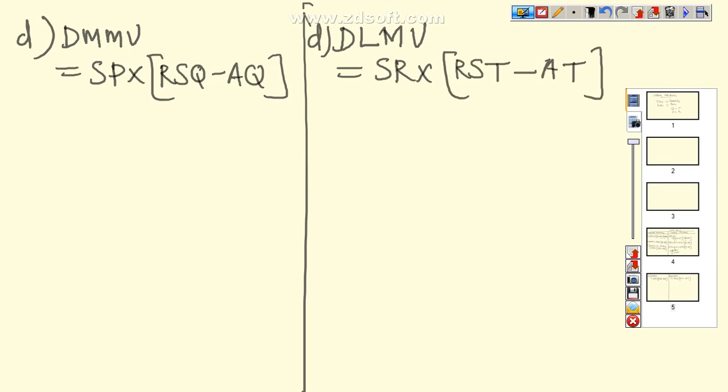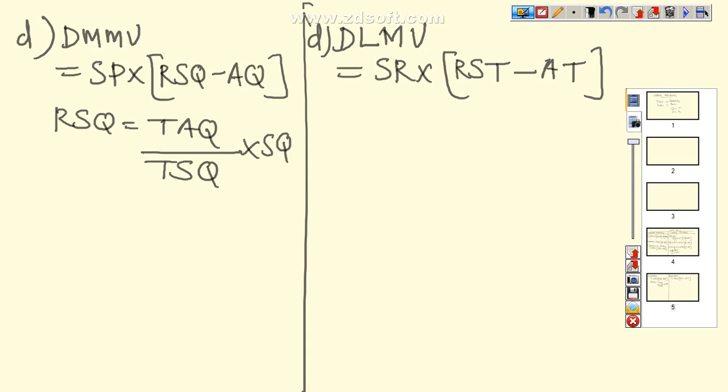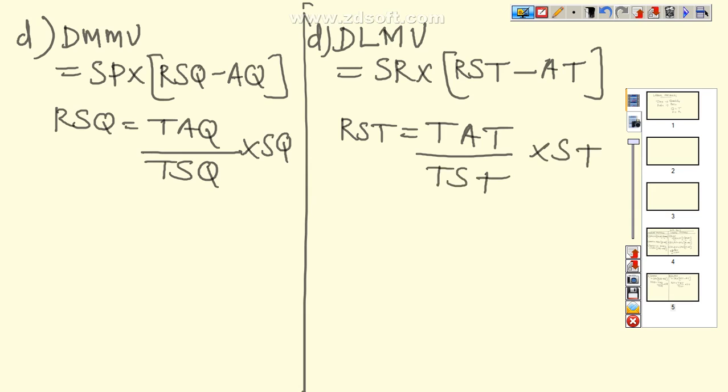Wherever Q is there, we write T. Wherever price is there, we have to write rate. So here RSQ is equal to total actual quantity upon total standard quantity multiplied by standard quantity. Here RST is equal to total actual time upon total standard time into standard time.